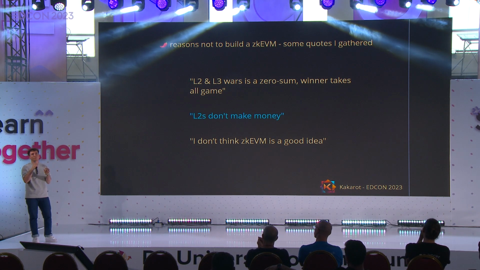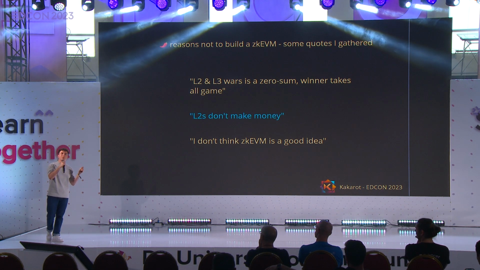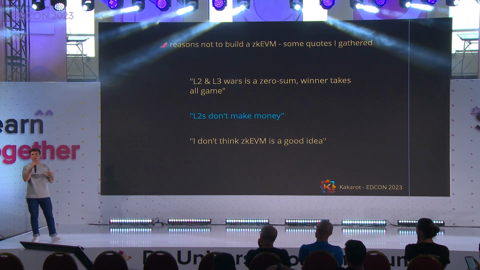The EVM was not built for ZK, and as such, it's not very friendly to it. The example that people usually take is, for example, the current hash function on Ethereum, which is Keccak, is very not ZK friendly. So if you were to build from scratch a zero-knowledge environment and let's say a zero-knowledge virtual machine, so without the E, a ZK-VM, which is what StarkNet has done, you probably just get rid of all the ZK unfriendly things of the EVM.